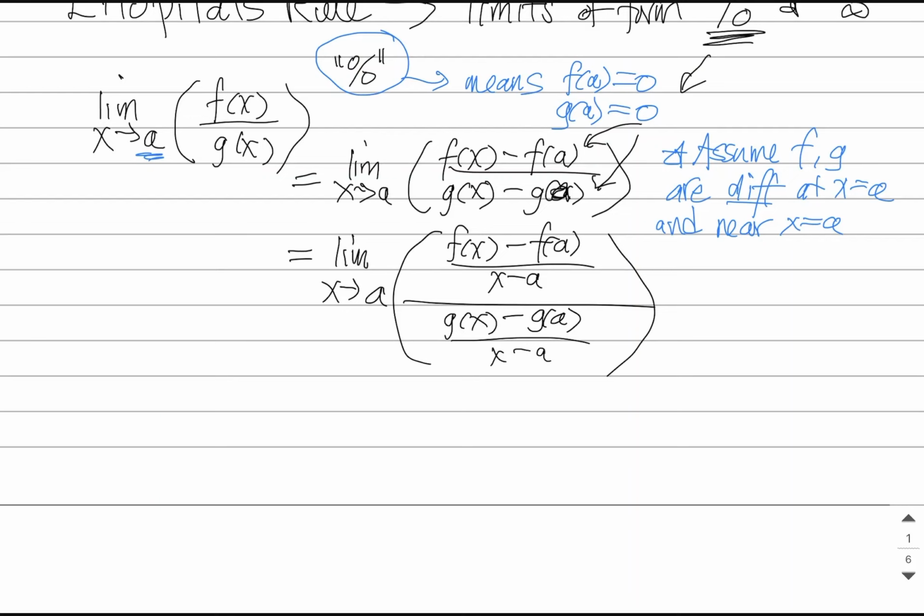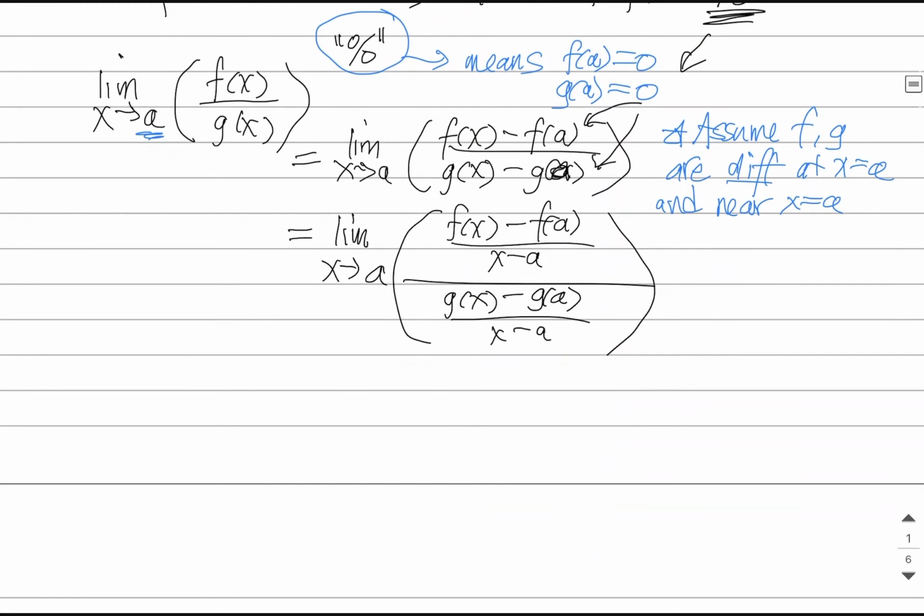We just get closer, but never there. And we are doing the same thing to the top as we are in the bottom. And so because both of these functions are differentiable, what that allows me to do is that I can say that the limits exist and I can apply the limit laws.